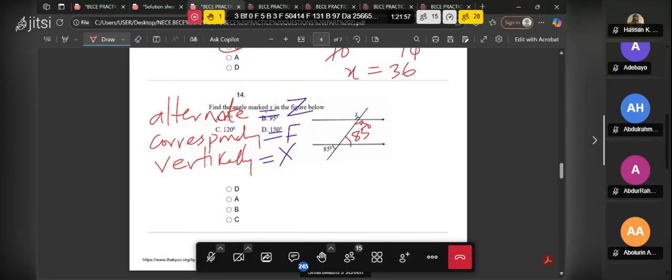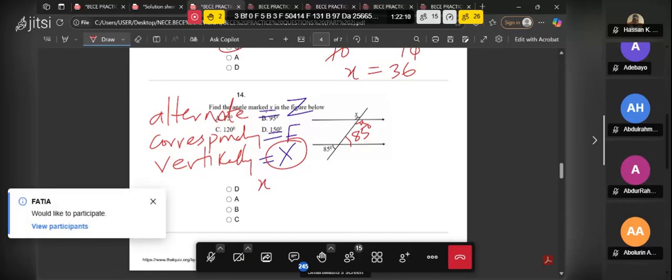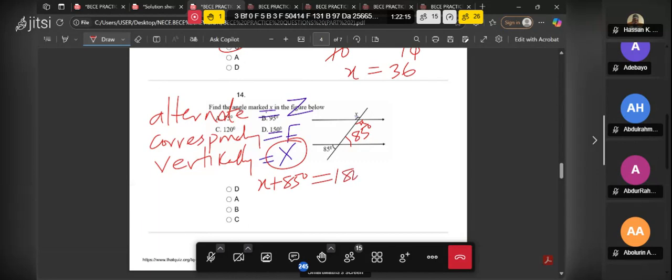You can see that all this one gives us X angles. All right. So sum of co-interior angle adds up to what? 180 degrees. So co-interior, that will be X plus 85 degrees equals 180 degrees. Why is it so? We call it co-interior angle.